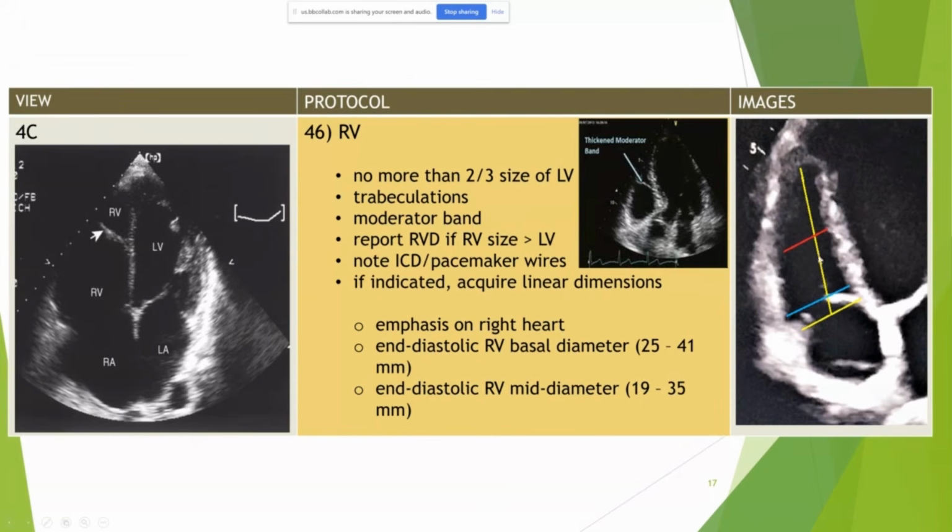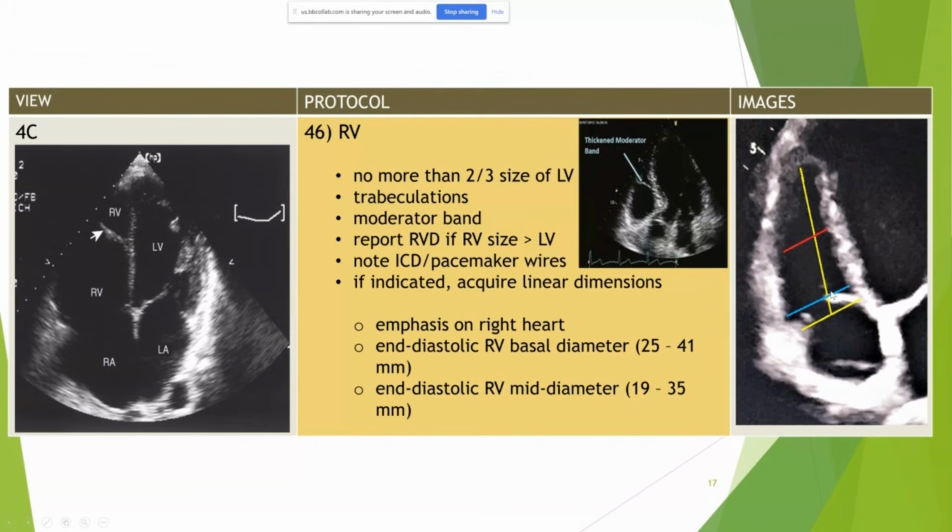So let's talk about these lines right here. You measure them, and if they fall under a certain number, it means that the right ventricle is normal in size. Usually they don't so much care about this length. They care about the width. Those are the three that are important. So the red line is the right ventricular mid diameter.